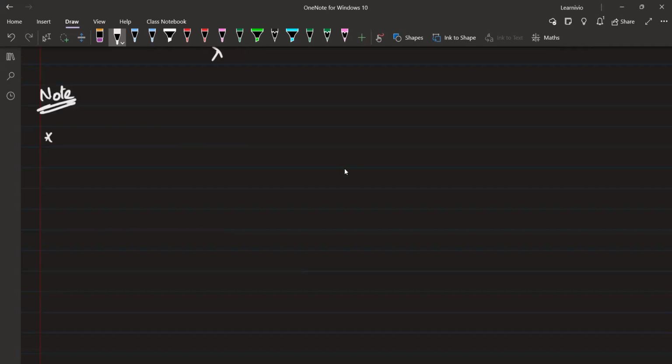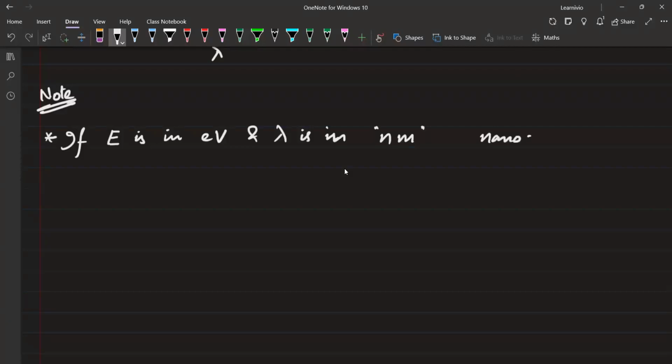The first point in the note is, if energy is in electron volts and lambda is in nanometer, है ना? By the way, what is nano? Nano is equal to 10 to the power minus 9, है ना?